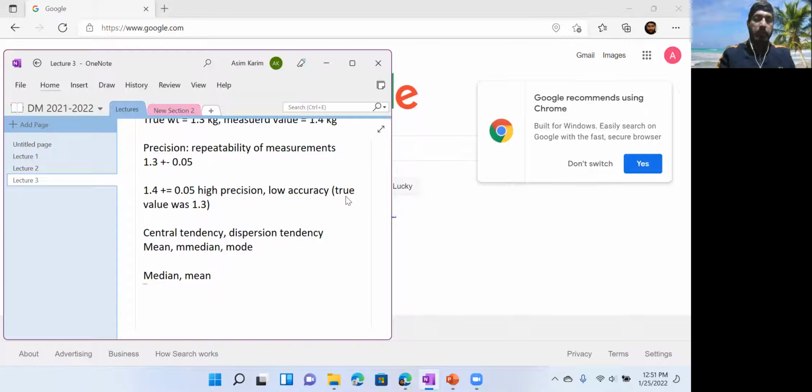Generally, median is considered a better representation of the central tendency because you're taking the value that lies in the middle of all the values when they are ranked.